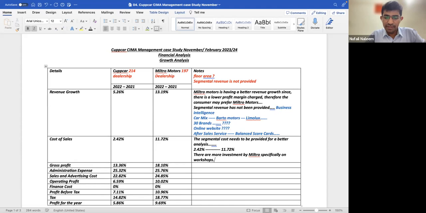Students, can you remember this dealer's main income stream may be car, but the car will be used for a period of 4 years. So during that 4 years period, the workshop needs to have a high quality standard. So can I say Miltro may be investing more on their workshops?